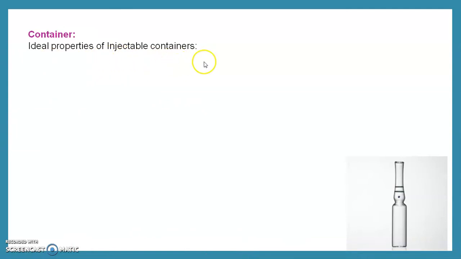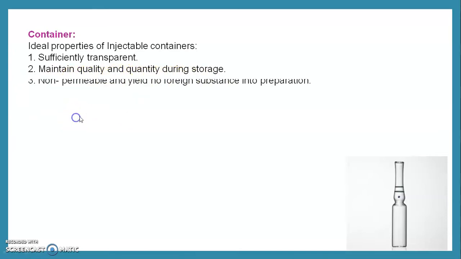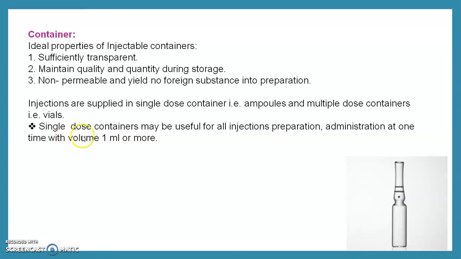Ideal properties of injectable containers are: it should be sufficiently transparent, maintain the quality and quantity of the drug during storage, be non-permeable, and yield no foreign substance into the preparation. Injections are supplied in a single dose container, that is ampoules, and multiple dose containers, that is vials. A single dose container may be used for all injection preparations administered at one time within 1 ml or more.